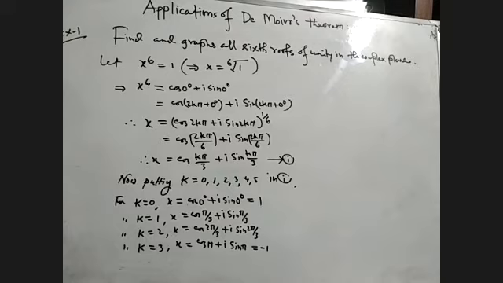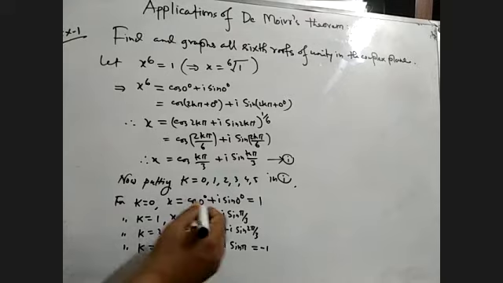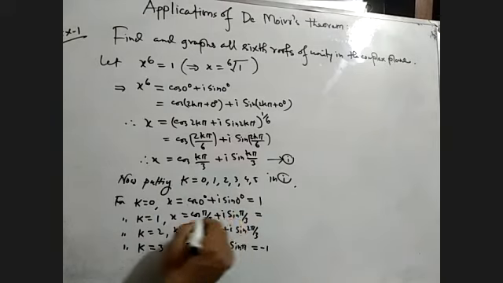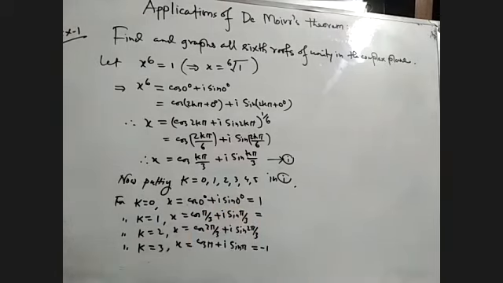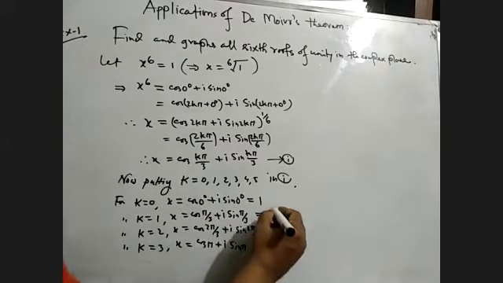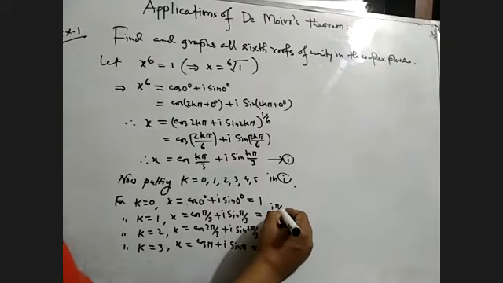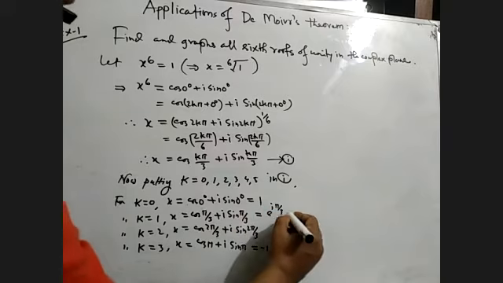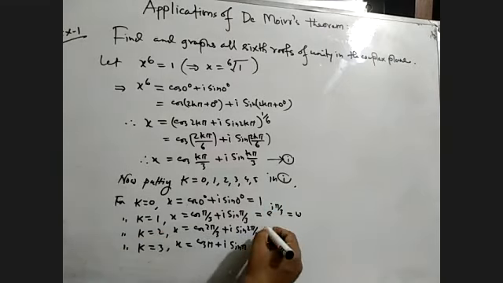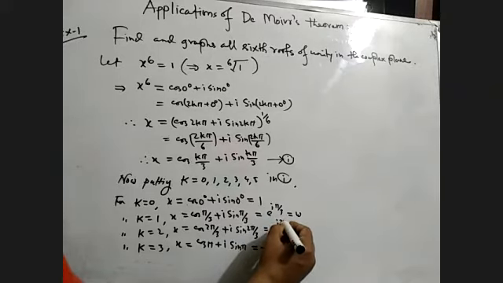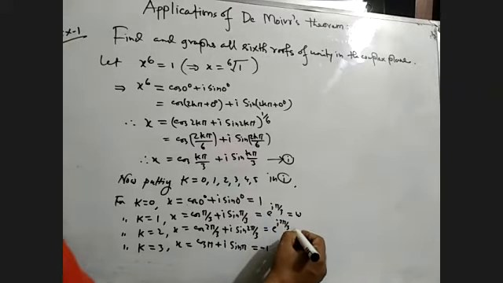Okay. And this can be written in exponential form. What will be in exponential form? e to the power i pi by 3. Suppose this is omega, then this will be what? e to the power i twice pi by 3.